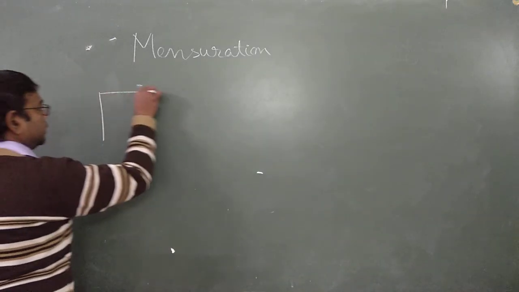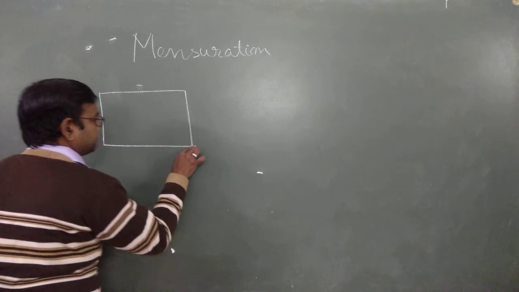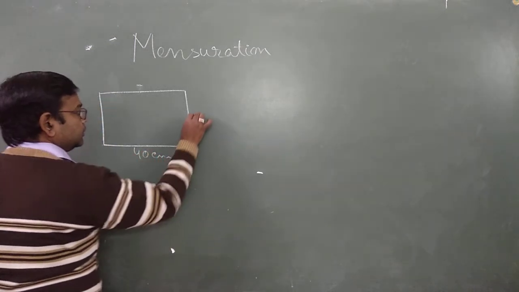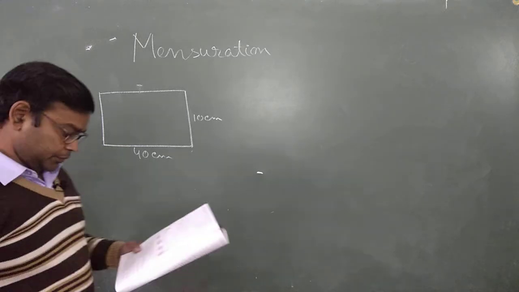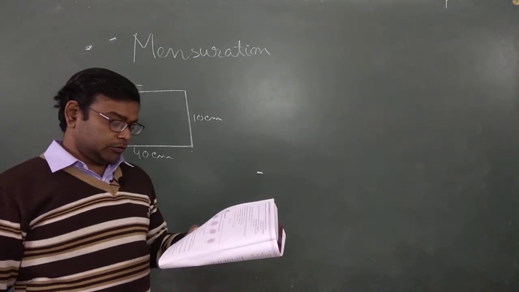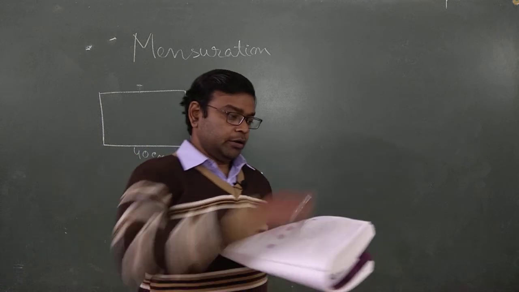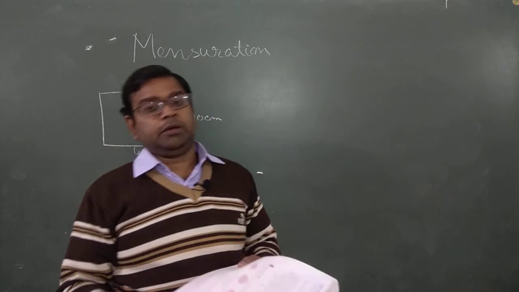So what does the figure look like? This is your 40 centimeter, this is your 10 centimeter, and this box is sealed all around with a tape. What is the length of tape required?